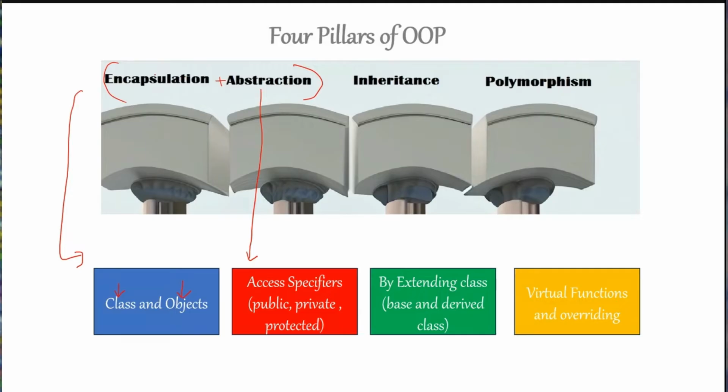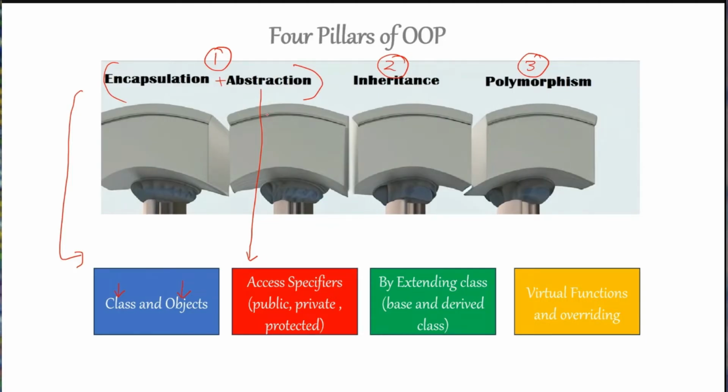In some of the literature, encapsulation plus abstraction is the first pillar, then inheritance is the second, and polymorphism is the third. But we are considering the majority of the scholars and books, so we will say that abstraction is a different pillar. So class and objects show the concept of encapsulation. This is the first point.